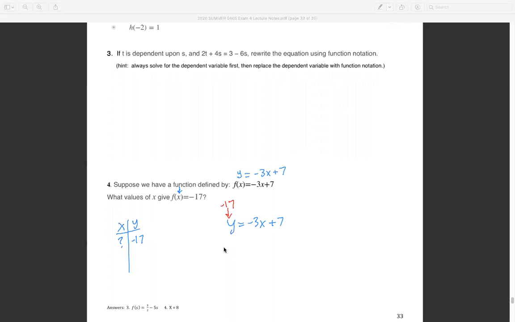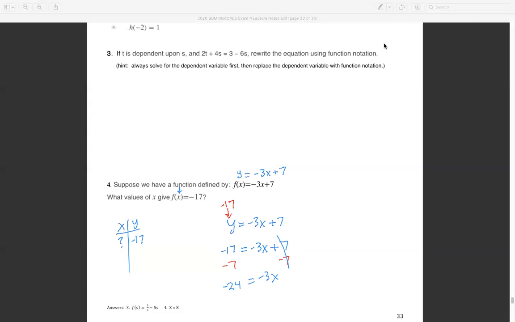Whatever works the best for you. But we're replacing the y with negative 17, and then we're going to solve for our x. And then to undo adding 7, we'll subtract 7 to both sides. That subtracts to 0, negative 17 minus 7, that's just negative 24.